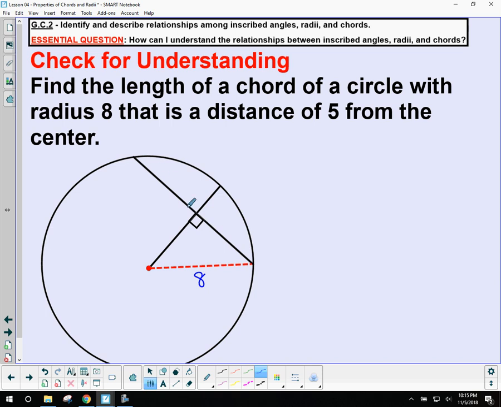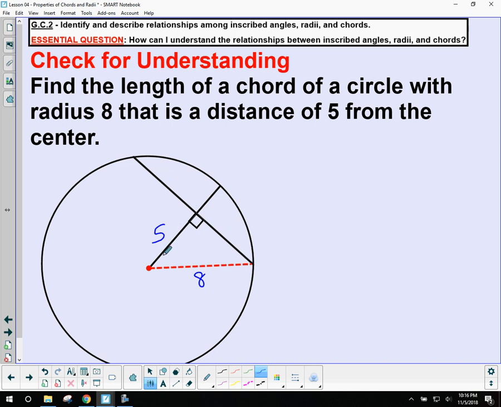That is a distance of 5 from the center. Oh, right here. Distance of 5. The center's right there.